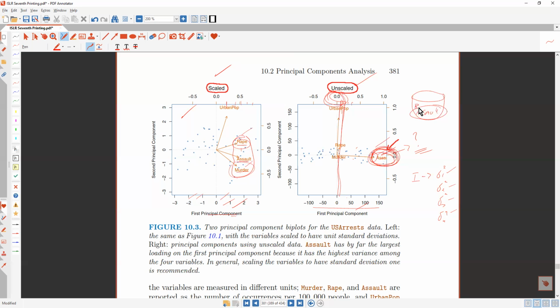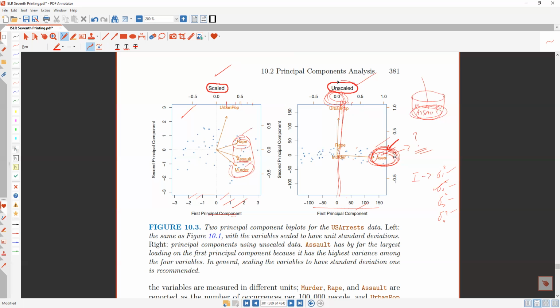Rape is over here, murder over here, urban pop over here, but assault is dominating here. Therefore, it makes sense from a principal components analysis point of view that when you extract components from this, assault should be dominating. Assault should be dominating because it's contributing more. I forget if assault was 3 or 4. I think it was 3, or maybe it was 2. But it's contributing more information. So this makes perfect sense.